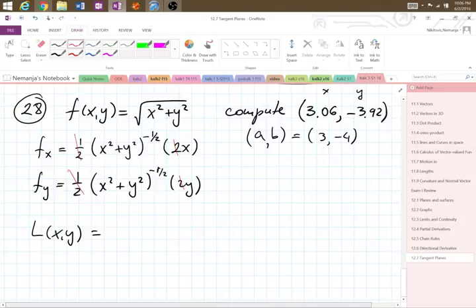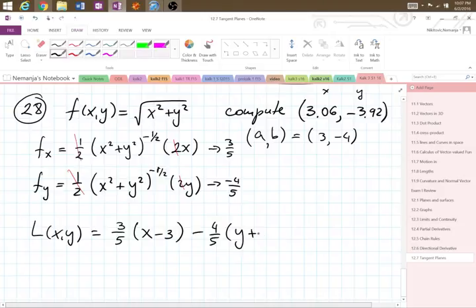So that's 3/5 and -4/5. 3/5 times (x minus 3) plus -4/5 times (y plus 4), and then plus the function computed, which is just 5. Are we all good on this?